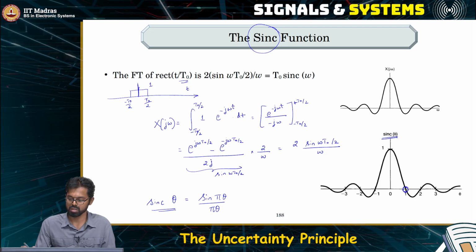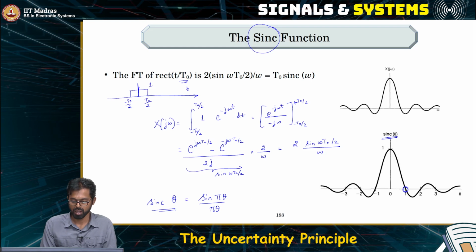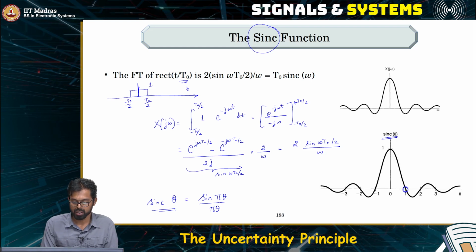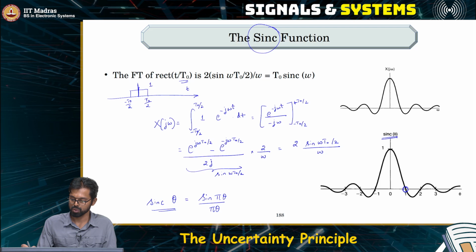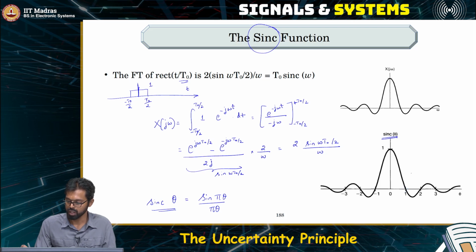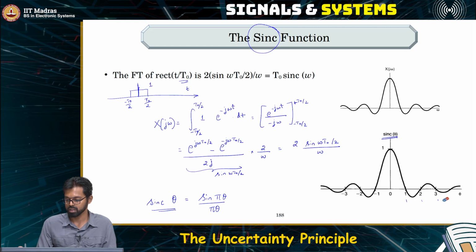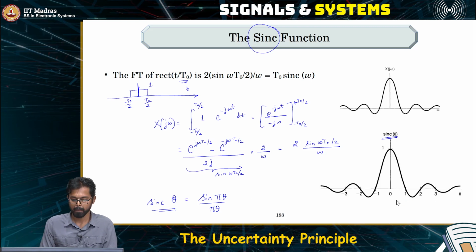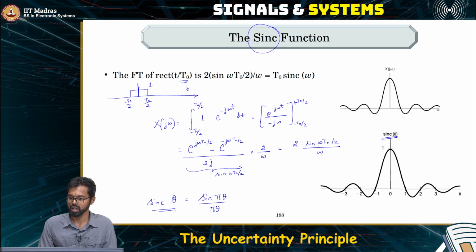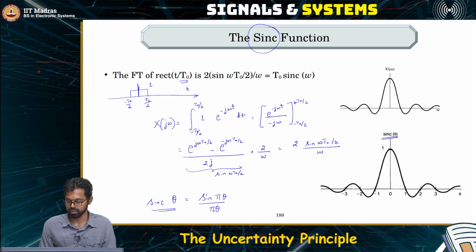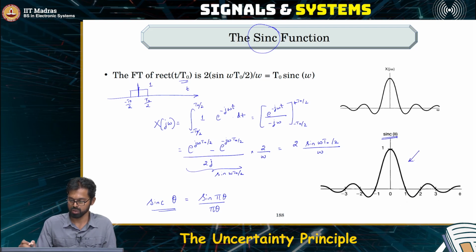So this is the first 0 crossing of the Sinc function. And for all integral multiples of pi, you get sine equal to 0. So whenever theta is equal to 1, 2, 3, all integers, you get 0. And for every value in between, you get a positive or negative number. So this is how the Sinc function looks like.